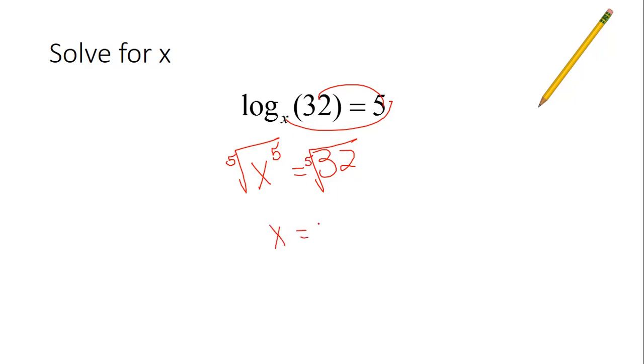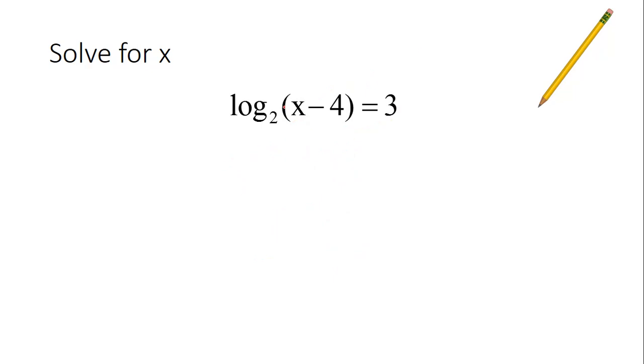So the 5th root of 32, that's 2. And some of you are probably saying, well, Marsh, 2 to the 5th is 32. Definitely, you could have done that one without doing the whole 5th root business that I just did. And I plug it back in. Well, that works. Log base 2 of 32 is in fact 5 if you plug it in your calculator.